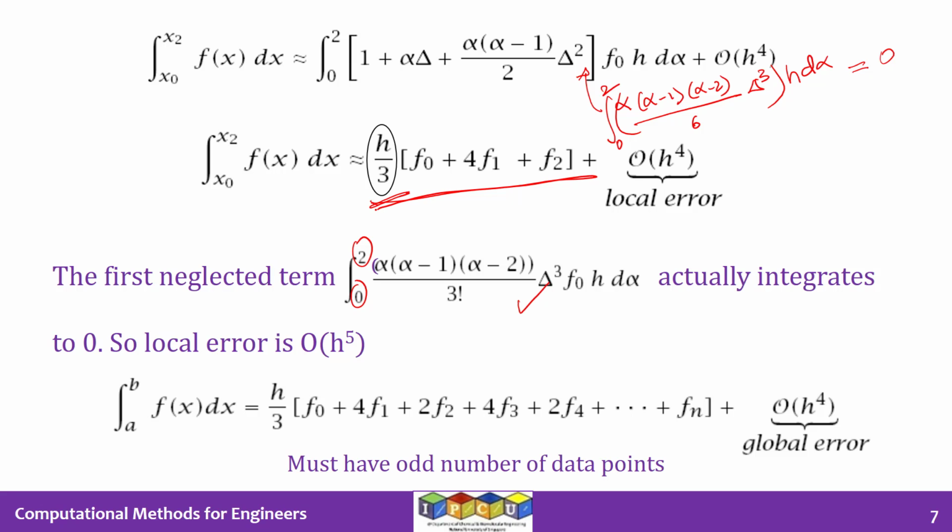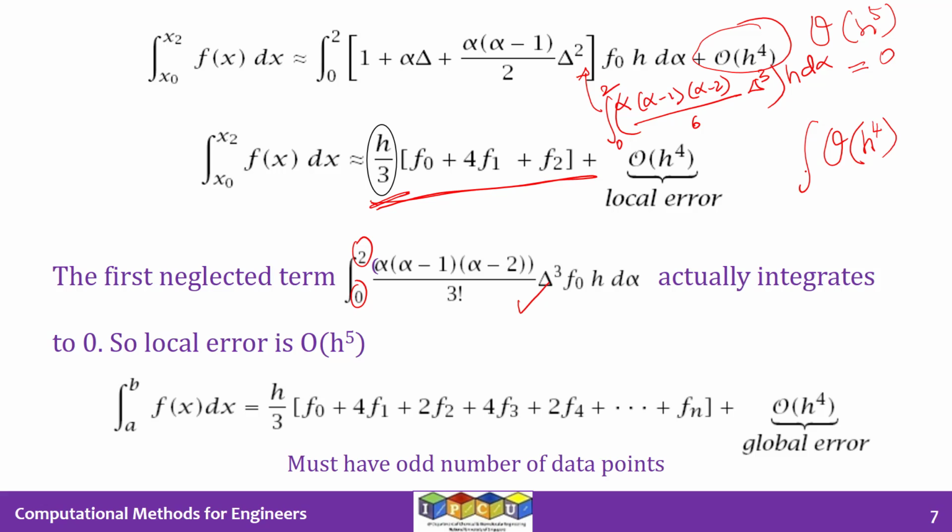Okay, so what's the great deal about this? The great deal is, if I had included that extra term, this local error would have been of the order of h to the power of 5. Because if you had included that extra term inside the square brackets, f of x would have had the error of order of h to the power of 4.